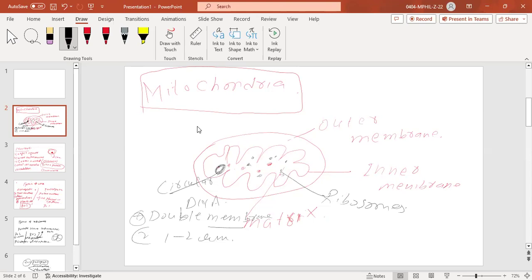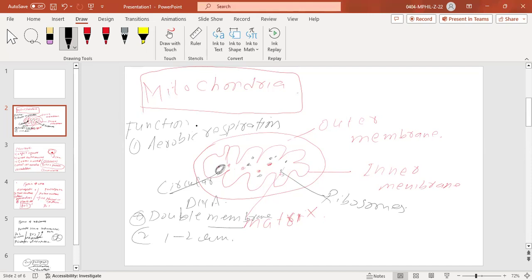So specifically, what's its function? I'm writing here. Function is aerobic respiration. What type of respiration is it? It is the breaking down of the substance or the food into smaller particles in order to convert into energy.